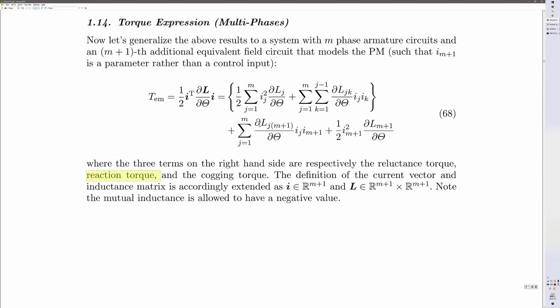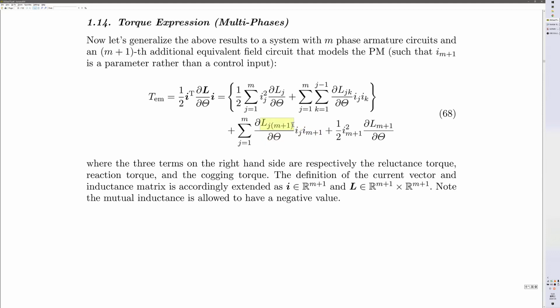Basically, it's a reaction between the stator and rotor. They have action force and reaction force between stator and rotor, and it's a result of the mutual inductance between the PM circuit and the phase circuit.